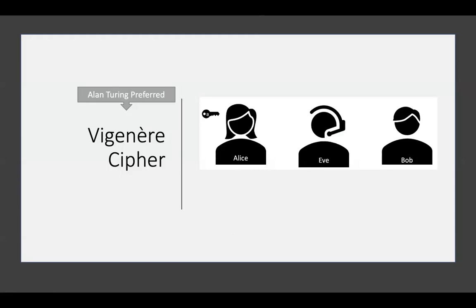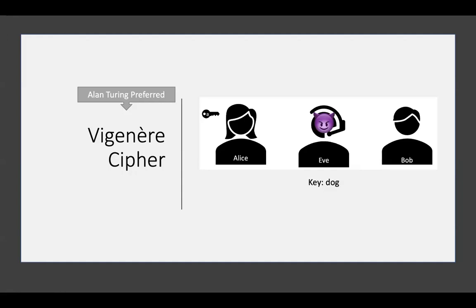Alice and Bob are trying to communicate, and they're using encryption and decryption to encode their messages and to use keys to actually decrypt their messages on each of their ends. And Eve is the evil person who is listening to their conversation in a certain way.